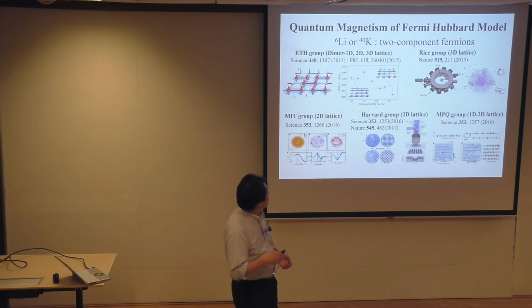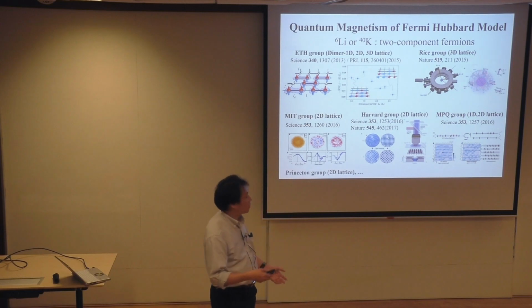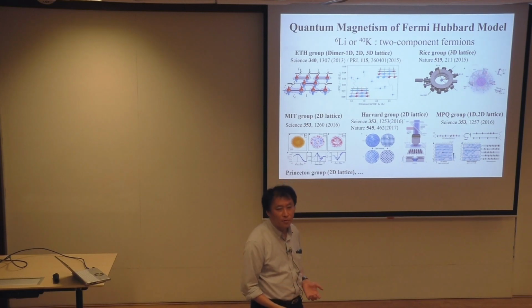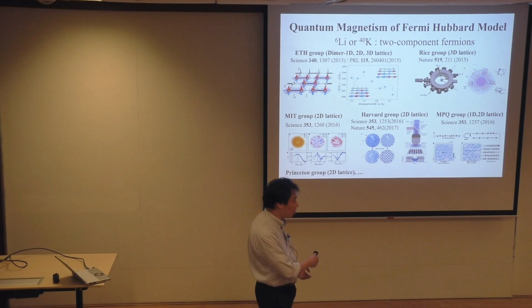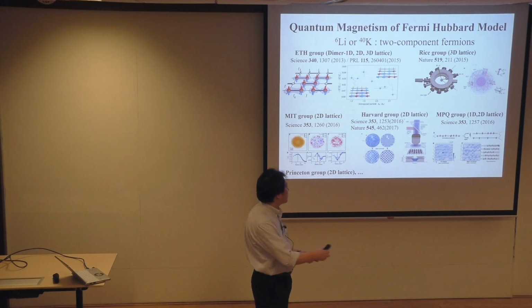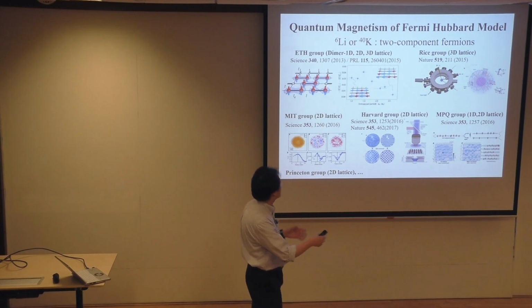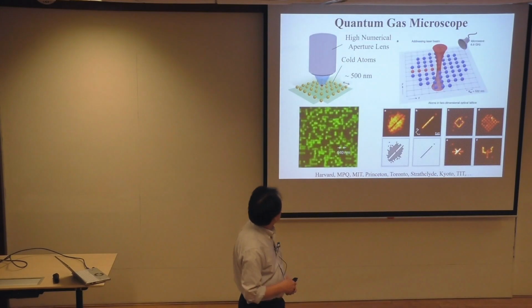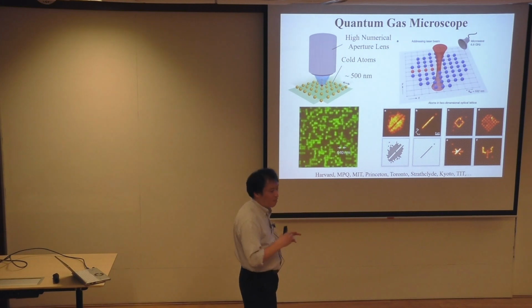Harvard group, Max Planck group, and also recently the Princeton group used the powerful technique of quantum gas microscopy to create and study the quantum magnetism or spin correlation of the fermions in optical lattices. This quantum gas microscope technique is really powerful.